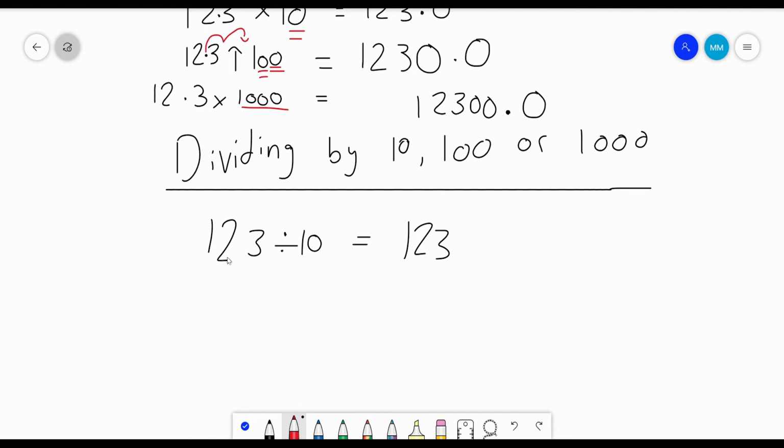There is no decimal point here, but we can imagine one at the end of this number. Now move it one to the left. So we now know that the decimal point has landed in between the 2 and the 3. So he's actually popped up over here, and there's your answer. Your answer is 12.3.